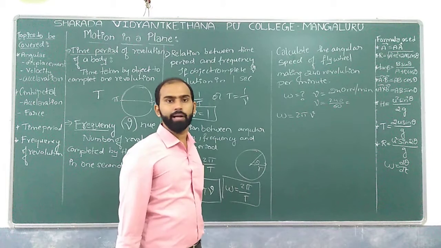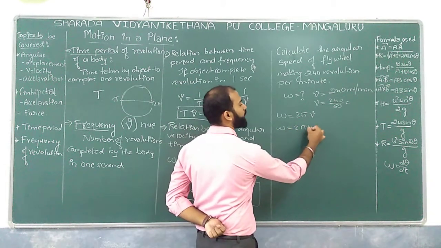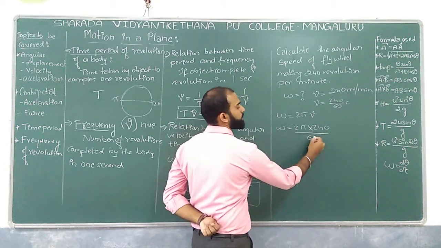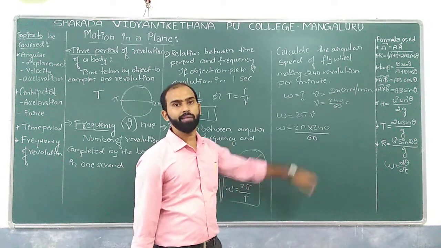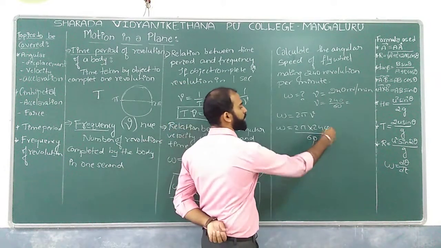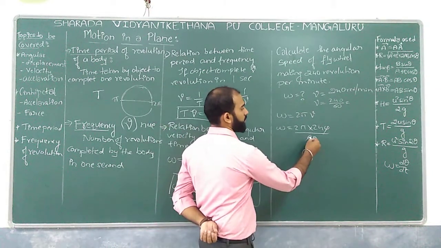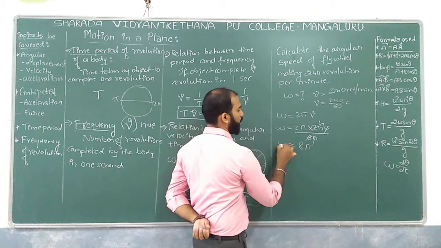So omega is equal to 2 pi into 240 divided by 60, correct? So here the zeros cancel out, and 6 4s are 24, which is equal to 8 pi omega.